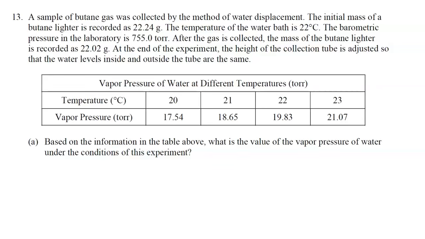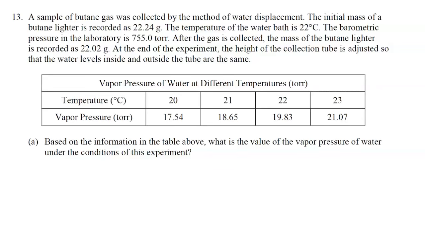Part A. Based on the information in the table above, which is vapor pressure of water at different temperatures, what is the value for the vapor pressure of water under the conditions of the experiment? So in the table, we can see temperatures of 20, 21, 22, and 23 degrees Celsius with various values for the vapor pressure of water.